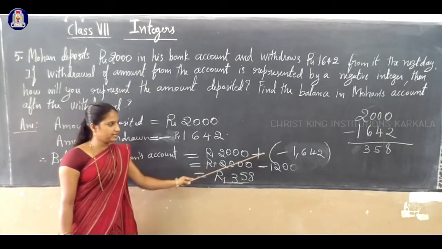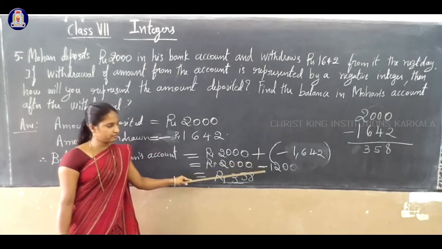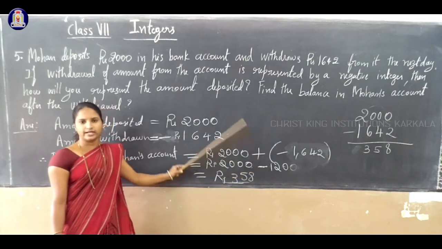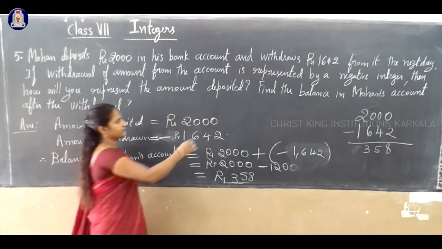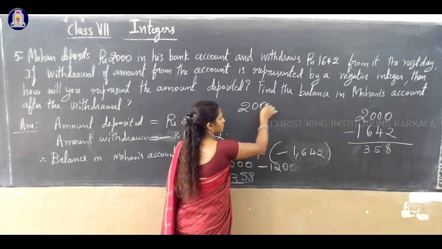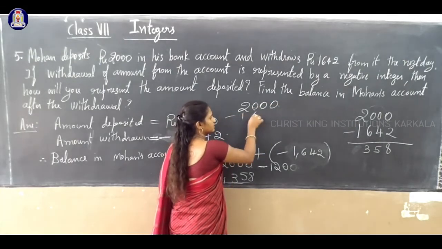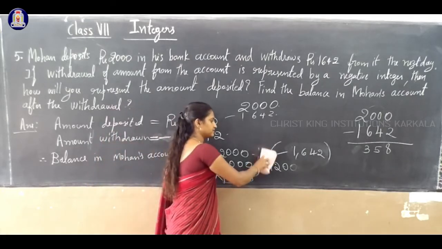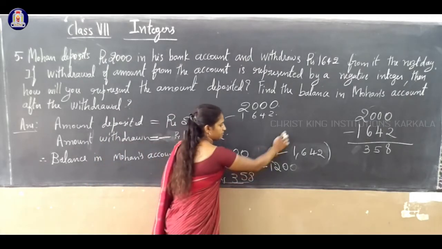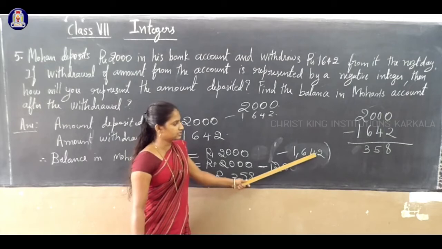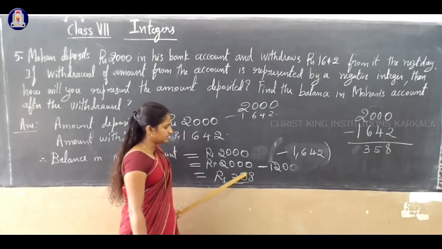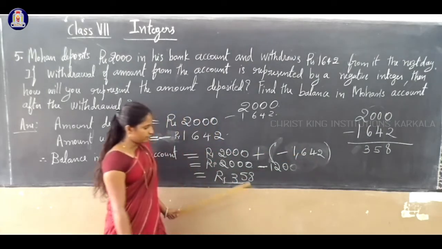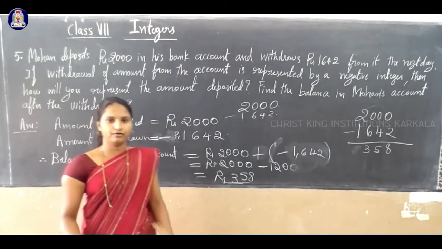First multiply these two: plus into minus will get minus. Or directly you can write just 2000 minus 1642, and we get the answer 358. So clear? This is the final answer, rupees 358.